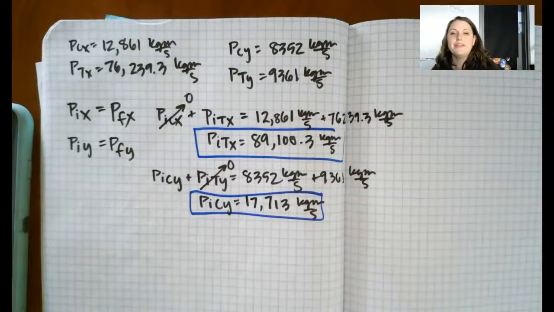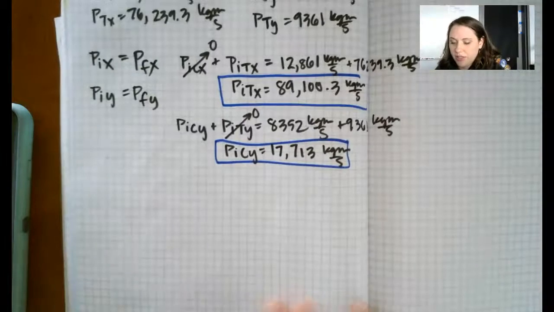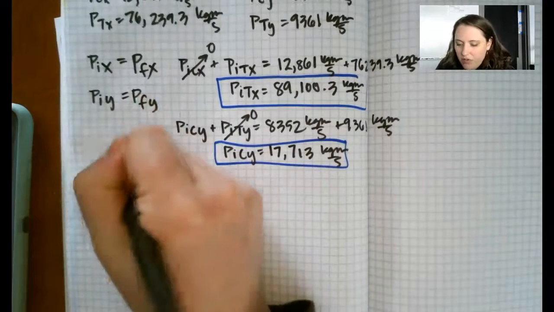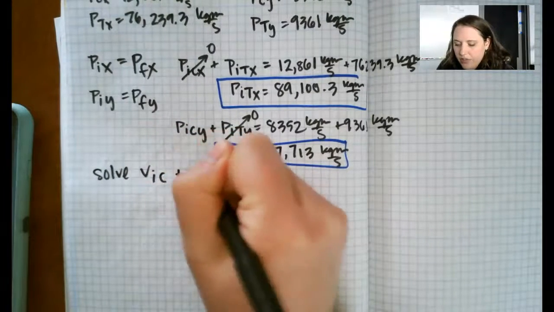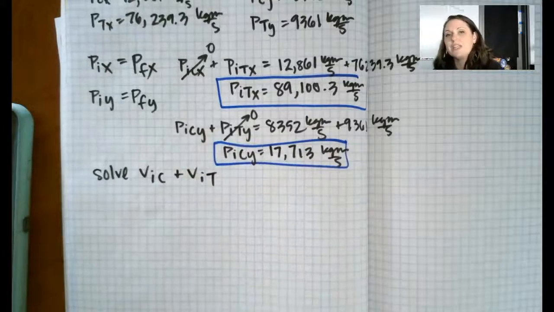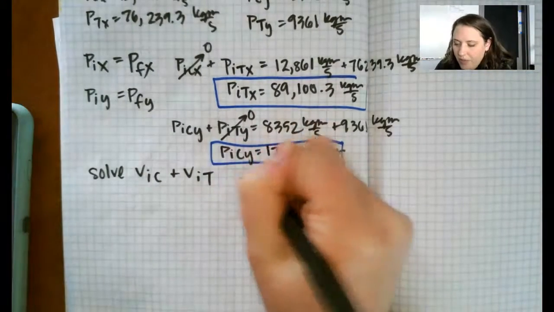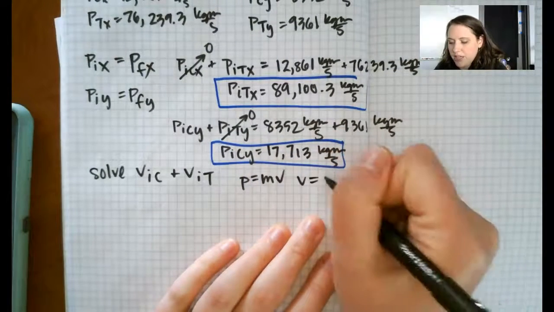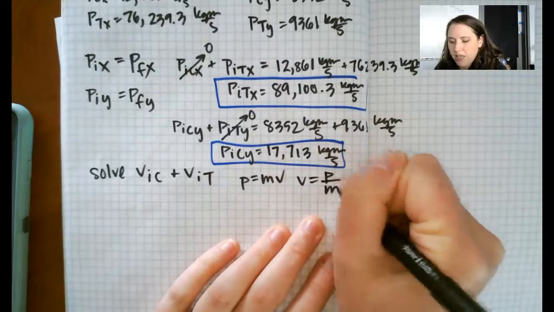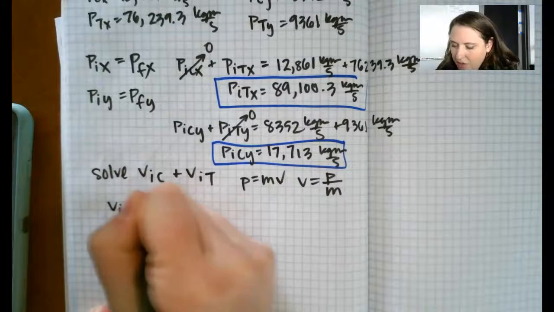And here's where we're finally going to get to a place where you can use this to find some calculations. We're going to solve for the initial velocity of the car and the initial velocity of the truck. We know what each of their initial momenta were. We know that momentum is equal to a mass times a velocity. So if we want to know what that velocity is, it's the momentum divided by the mass. So let's find the initial velocity of the car.